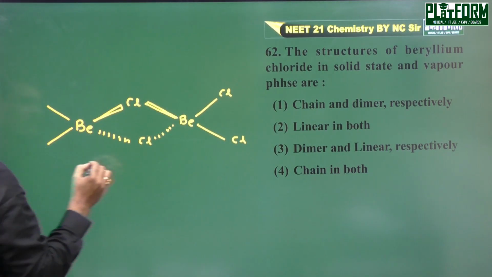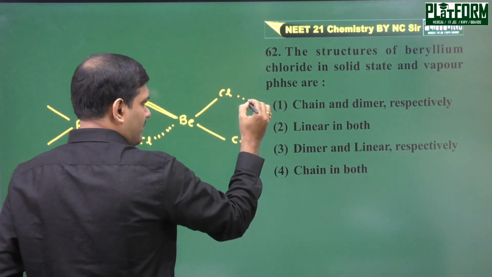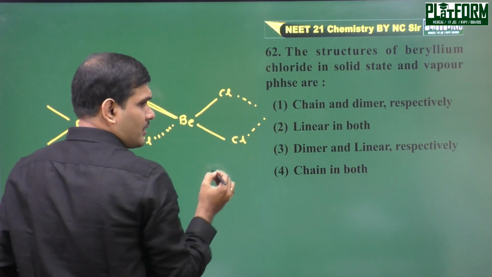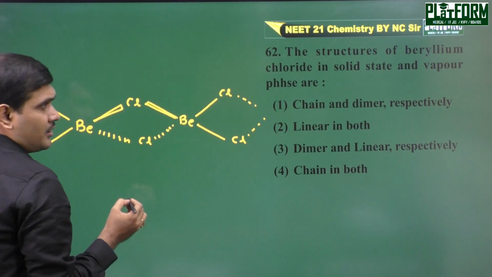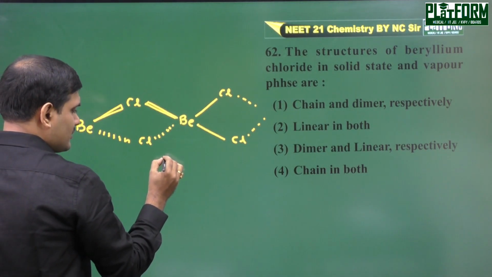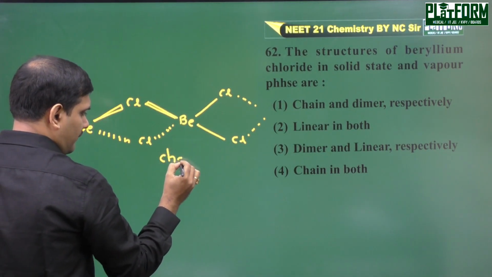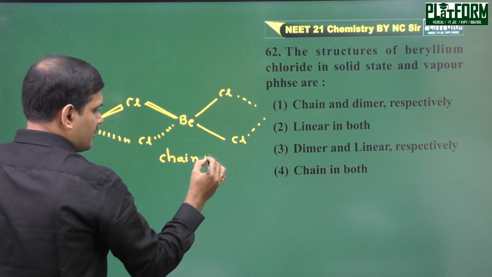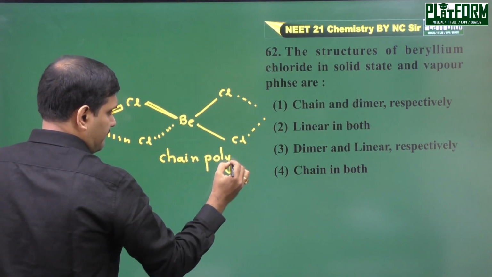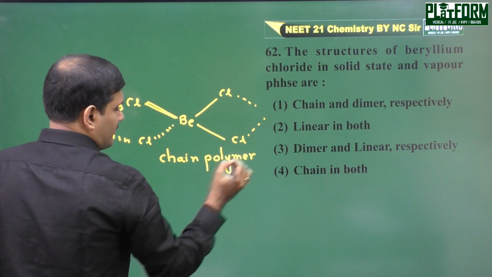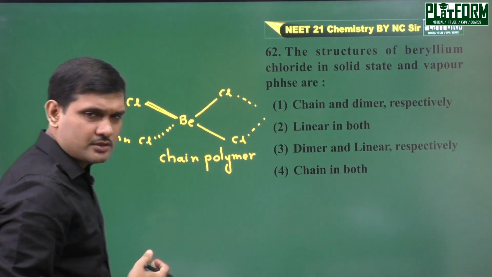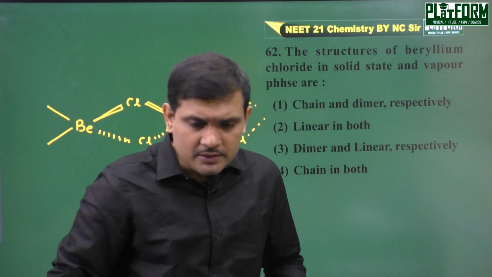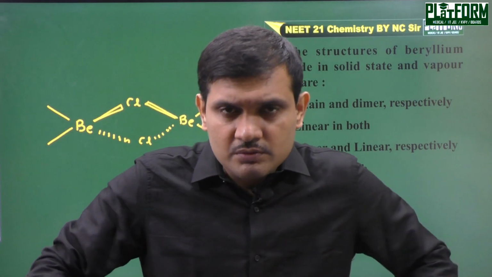This will also again combine, and in this way a polymeric chain will run. In solid state, it will exist as a chain polymer. If you heat it, if you vaporize it, in vapor state the polymer chain breaks.